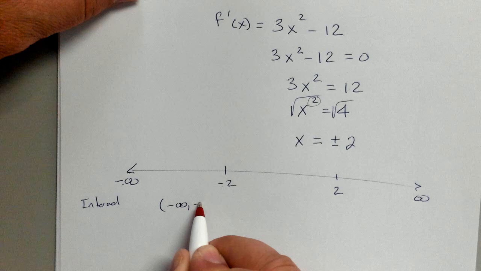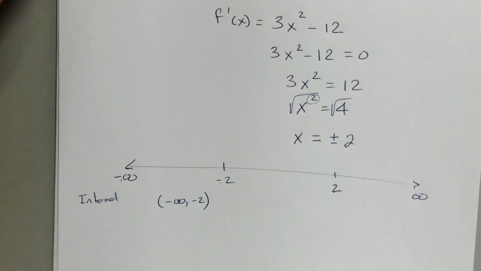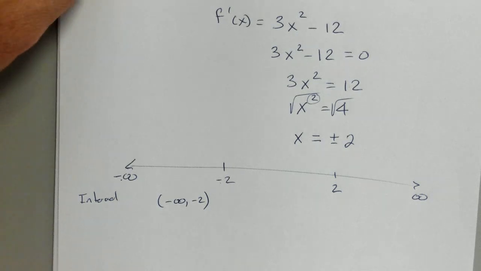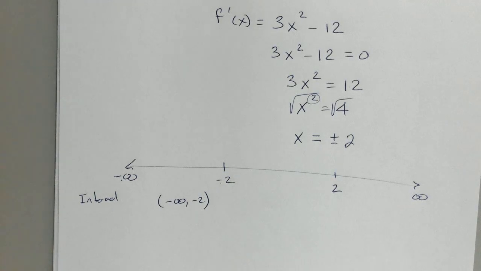Negative infinity to negative 2. What's happening there? Well, again, you can't guess in mathematics. You have to have either a theorem, a postulate, a proof, or a value to verify what you're saying.